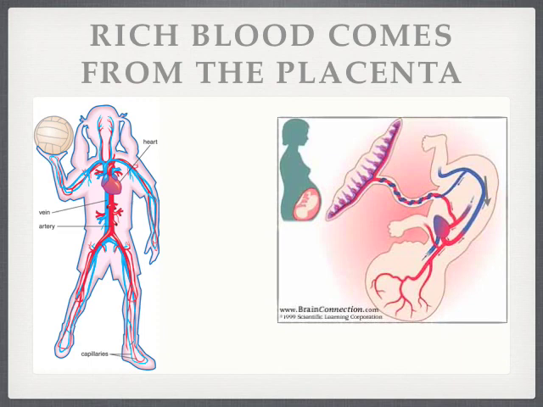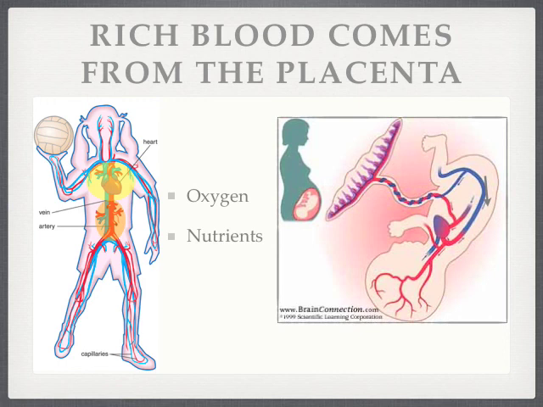Okay? Now you want to think about this blood coming back from the placenta for a moment. Think of it like this. In you and I, we get oxygen through our lungs, don't we? But we get food through our digestive system, right? The nutrients are here.